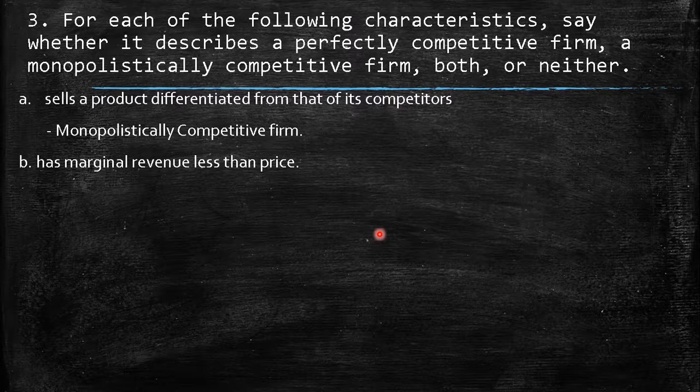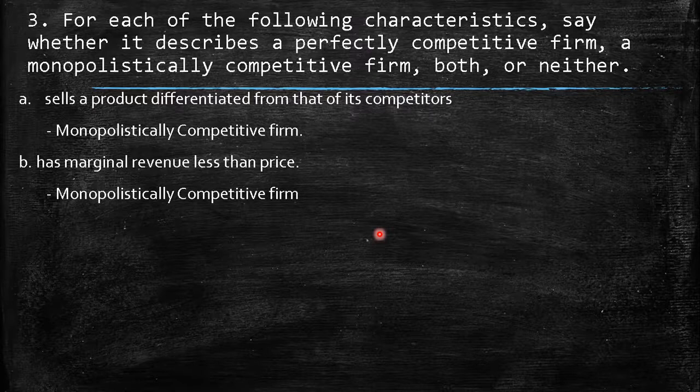Has marginal revenue less than price? It should be more the monopolistically competitive firm. When we talk about marginal revenue and price, basically we're talking about the markup at each company. Remember the definition of marginal revenue. When we talk about marginal, we talk about every single time that you change one value by one unit, what happens to the other one.